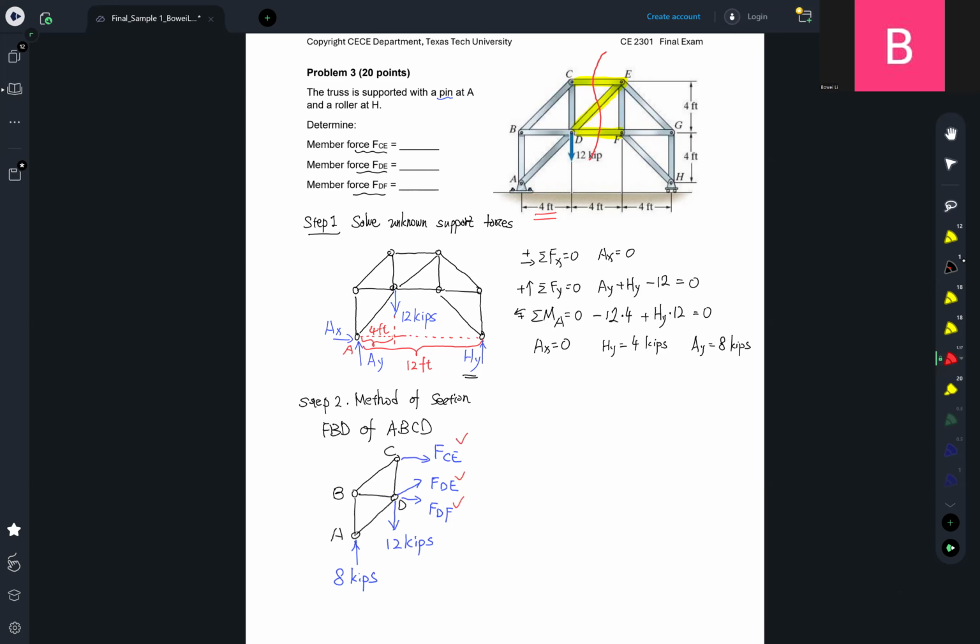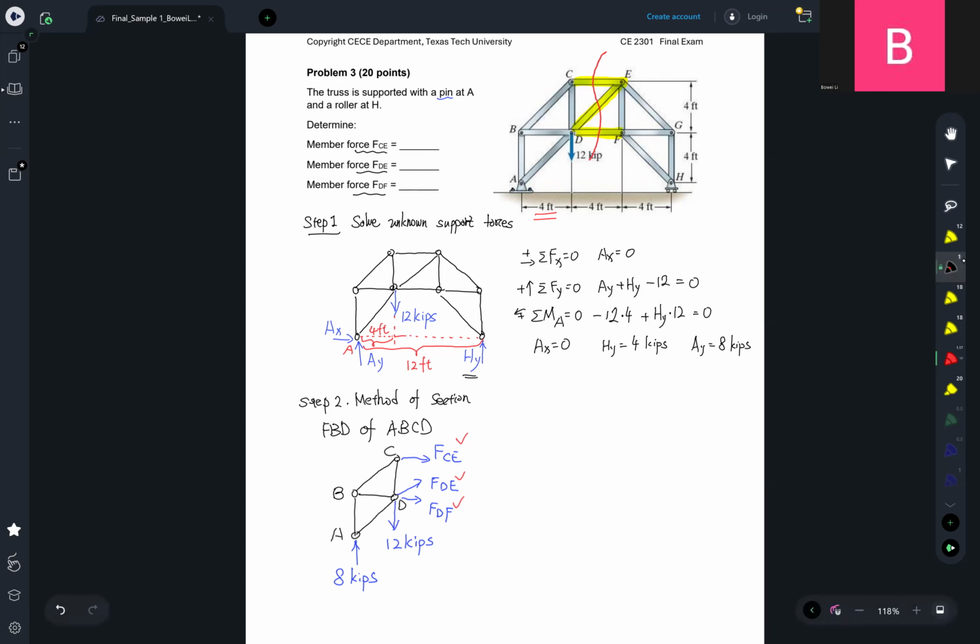It is also the reason why we always say that when we make a section cut through the structure, we should ensure that we expose no more than three unknowns at once. Otherwise, we will get ourselves into trouble, at least temporarily. Since we only have three unknowns, we directly cut through the corresponding members and expose the three unknown forces here. We can establish equations right now and solve them.